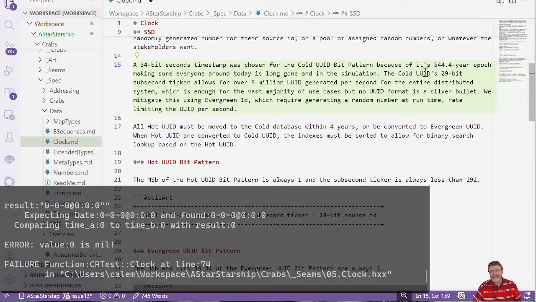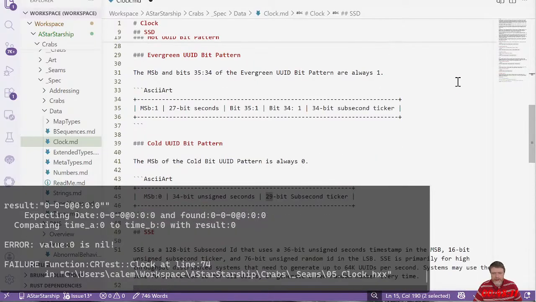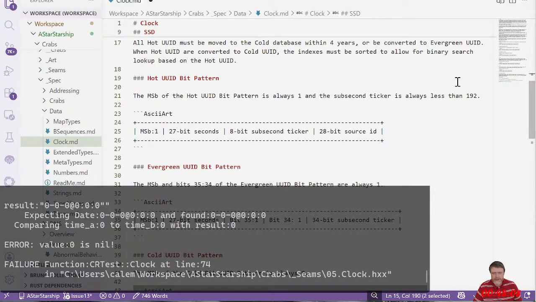The cold UUID's 29-bit sub-second ticker. Isn't it 34?